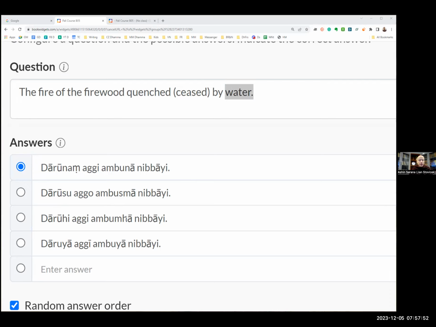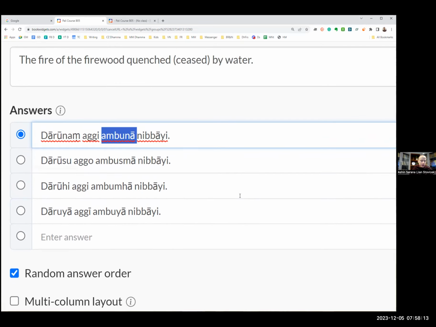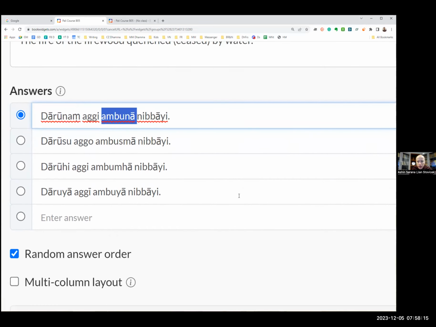So when you have mha, you also have sma in the ablative. So it should be fine. Ambumha, ambusma, but it's for a different sentence, not for this one. So in this sentence, by water, ambuna probably is the only one that's correct. You think that ambuna is also wrong? Ambuna is correct, right? Okay.